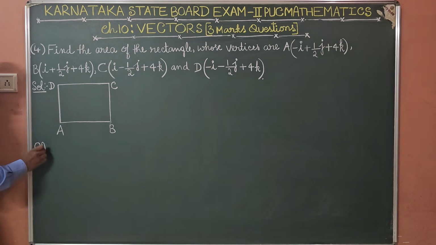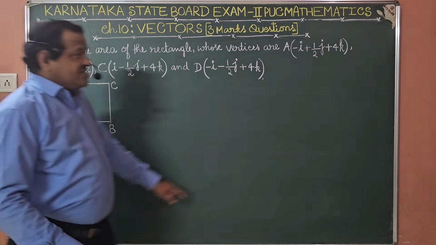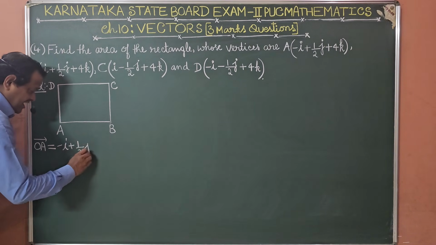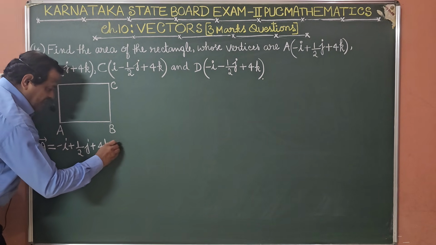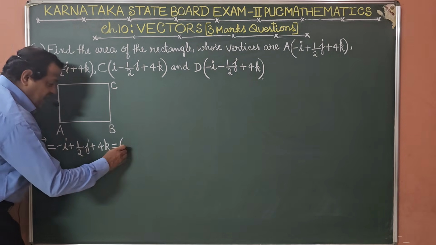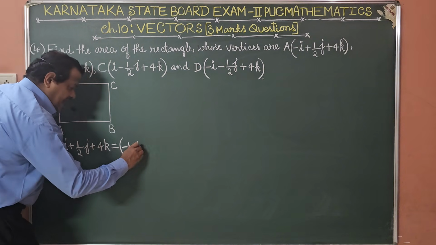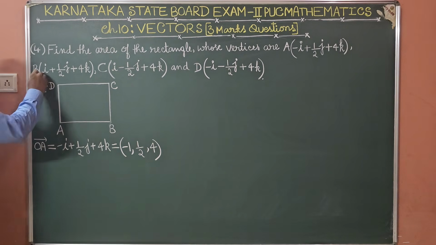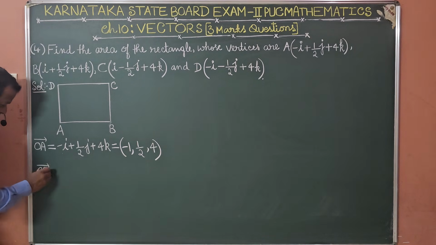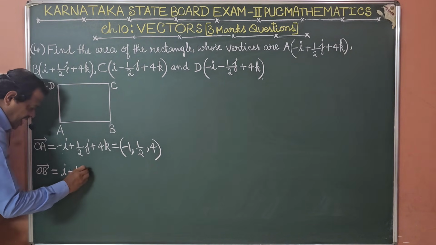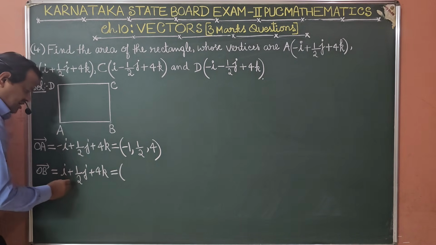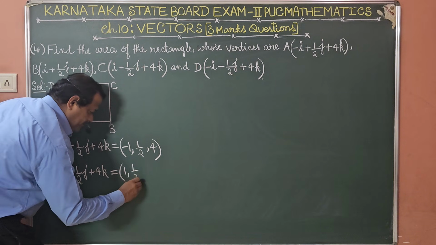Given OA vector is equal to minus i plus half j plus 4k, and component wise, the coefficient of i is minus 1, coefficient of j cap is half, coefficient of k cap is 4. Next, OB vector is equal to i plus half j plus 4k, which is the ordered triplet 1 comma half comma 4.